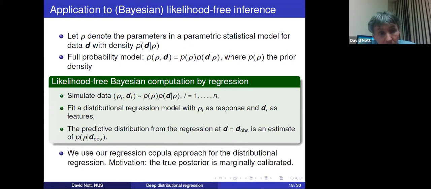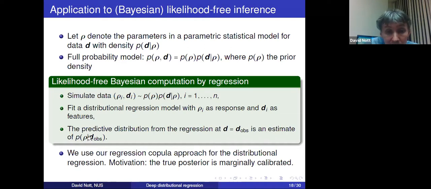Our regression Copula approach is motivated by a desire to achieve marginal calibration. And in the context of likelihood-free inference applications, there's a good motivation for imposing marginal calibration on our regression approximations. The reason is that if you look at the average posterior distribution, averaging over data sets drawn from the prior predictive, the average posterior distribution will be equal to the prior, okay?